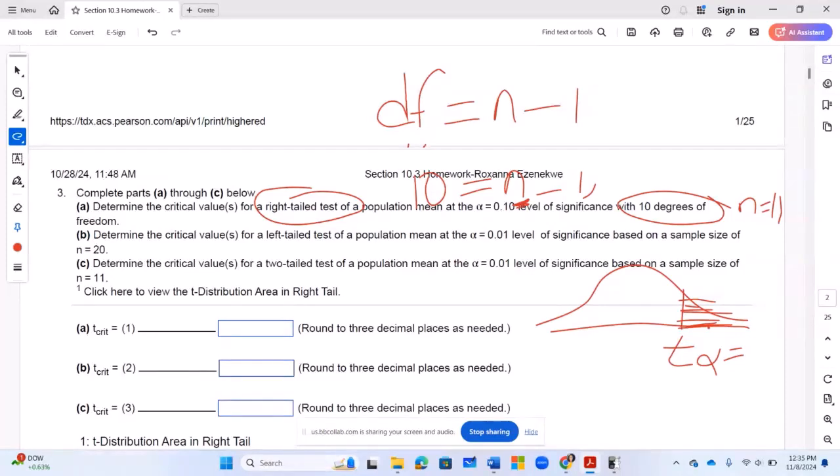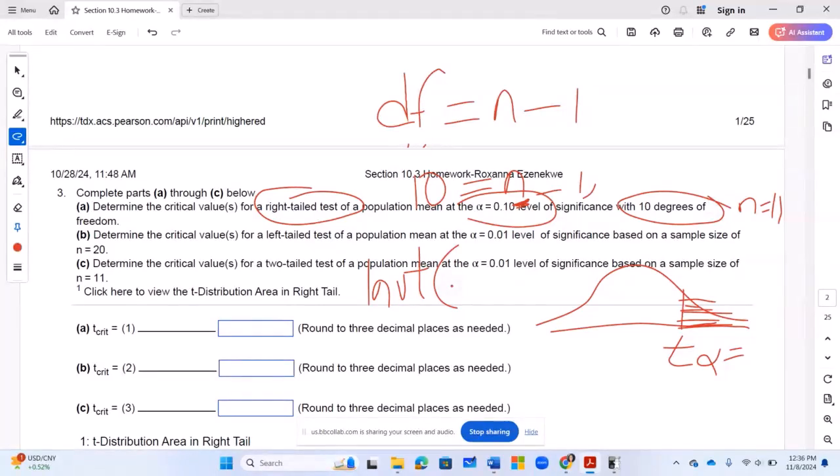Okay, we can use our calculator, and we're going to do inverse t, just like we do inverse normal. So inverse t asks for the area to the left in decimal or percentile. The alpha level is 10%, therefore the area to the left in decimal is 0.1.